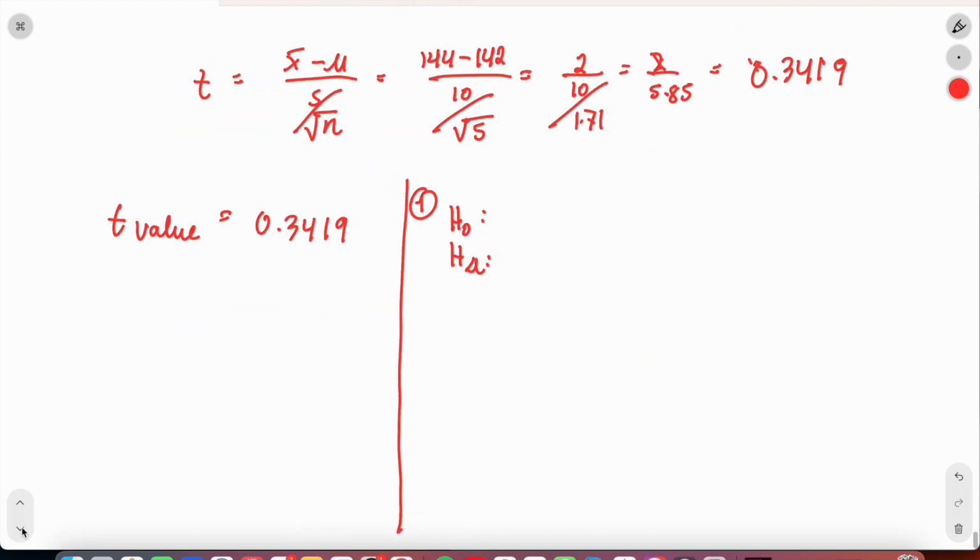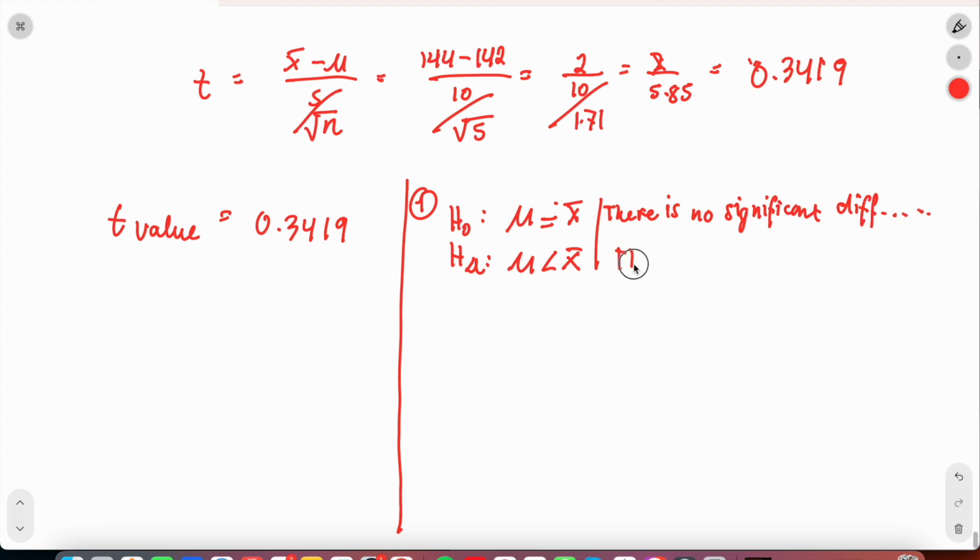So Sophia assumes that mu is less than x bar, and here mu is equal to x bar. We know how this is written in words, right? There is no significant difference.